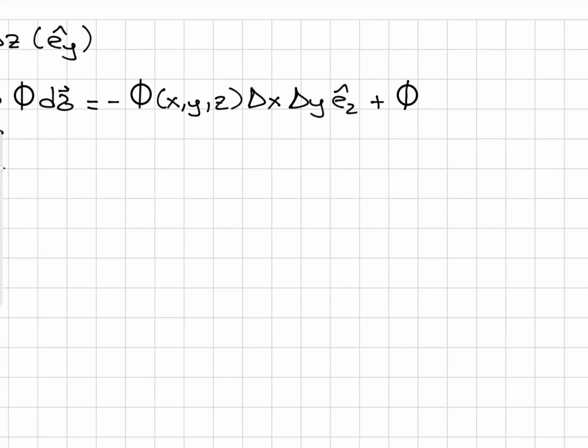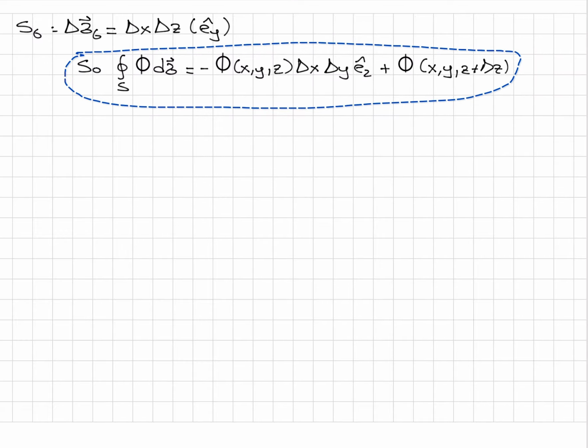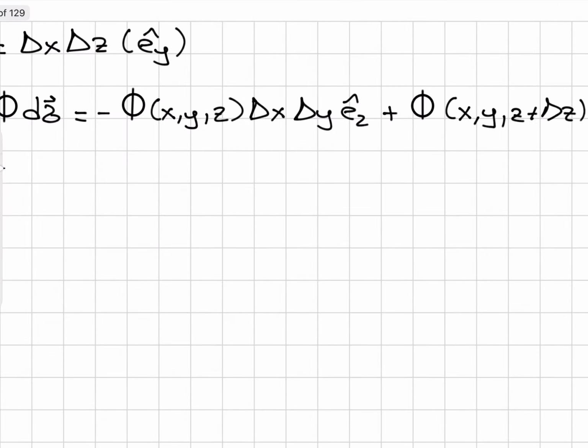This time I'm on the top surface, so it is x, y, but z is z plus delta z, and I have delta x, delta y in the e_z hat direction.